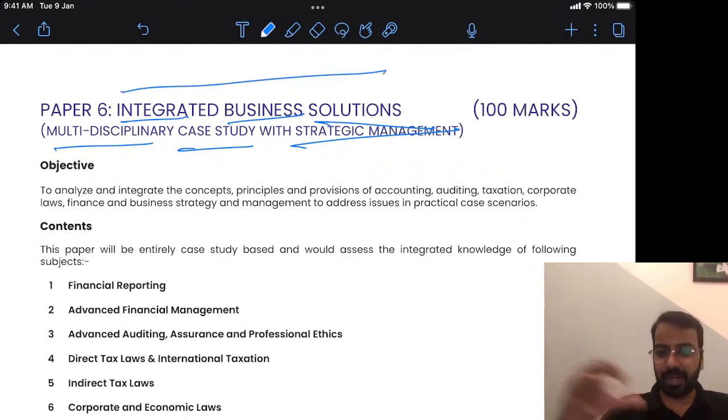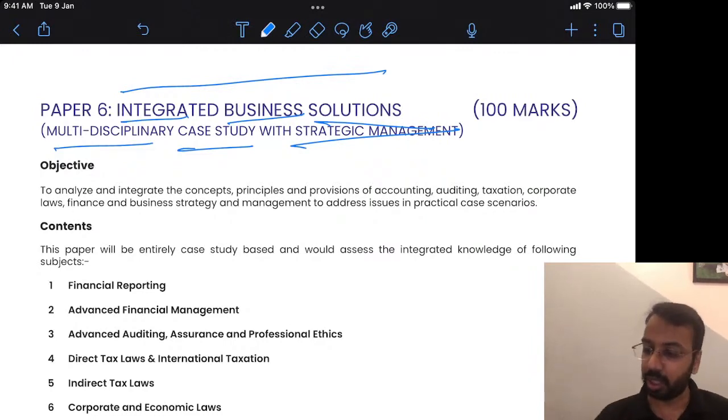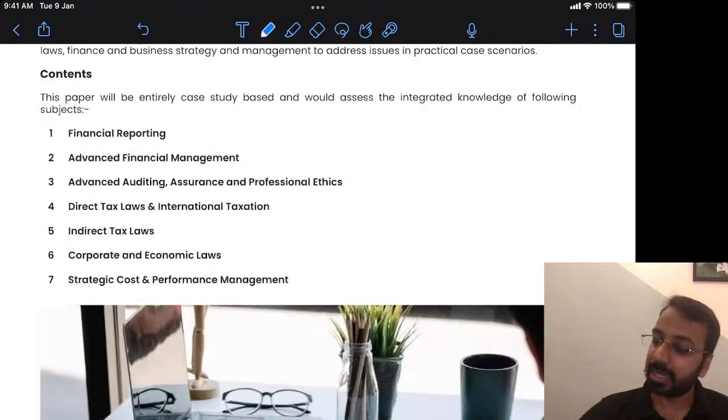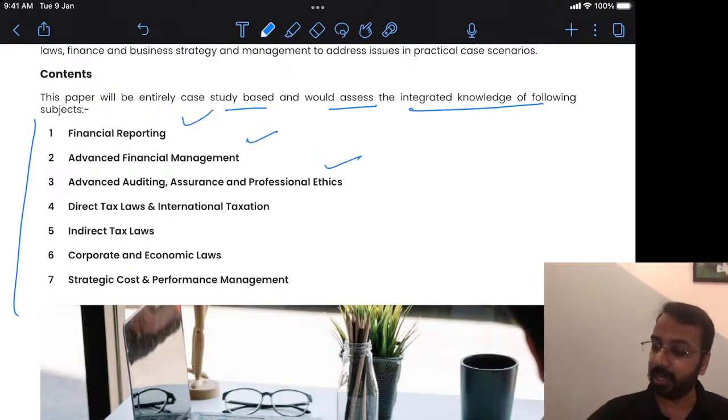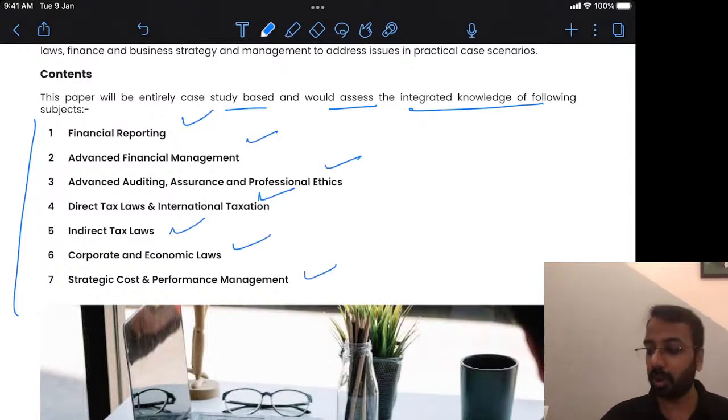Means they will combine different aspects and they will test you on a case study. Management, finance, all put together, you will be tested on the case study. So here what they are expecting is case study based and would assess the integrated knowledge of all the subjects: FR, AFM, audit, DT, IDT, corporate law, strategic cost management and performance evaluation, or SCMP, whatever we call. All of these would be tested.